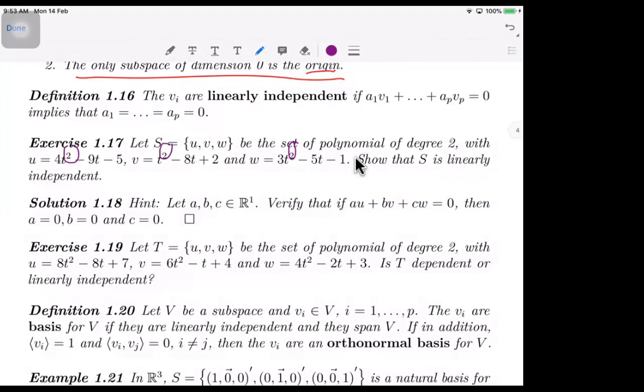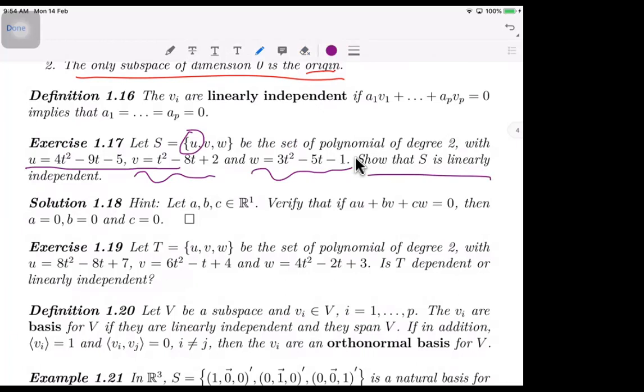With this equation, U here is 4t squared minus 9t minus 5. V here is t squared minus 8t plus 2. And W here is 3t squared minus 5t minus 1. We want to show that S is linearly independent.